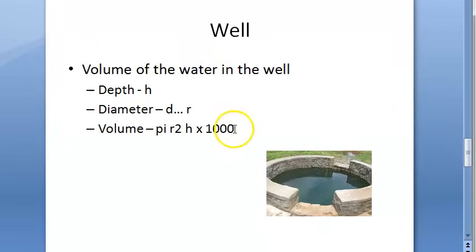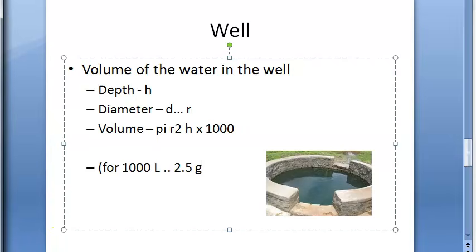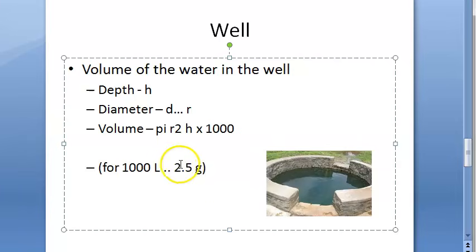So 2.5 grams of bleaching powder is required, approximately.